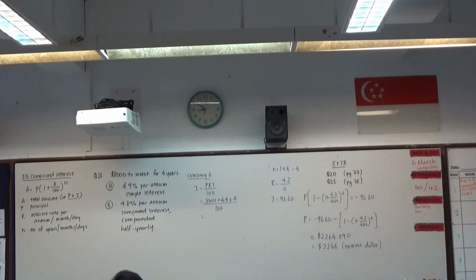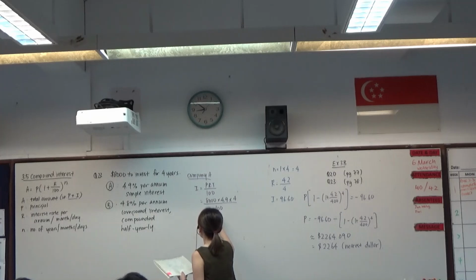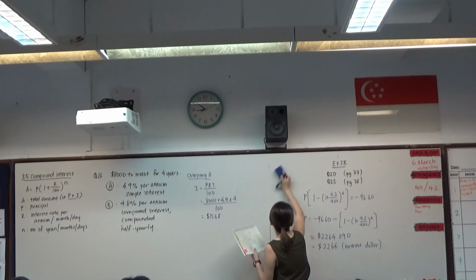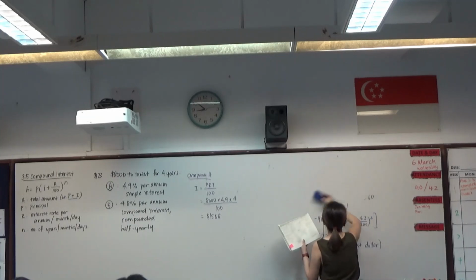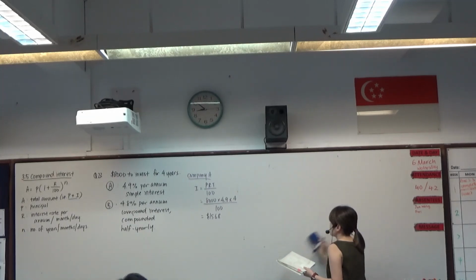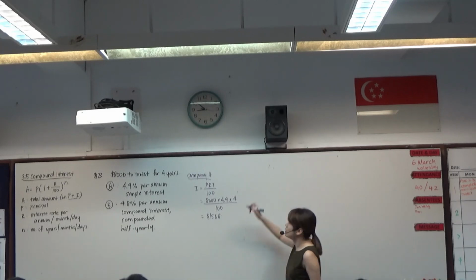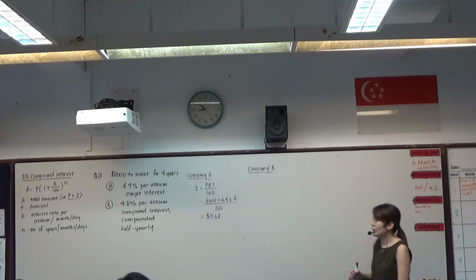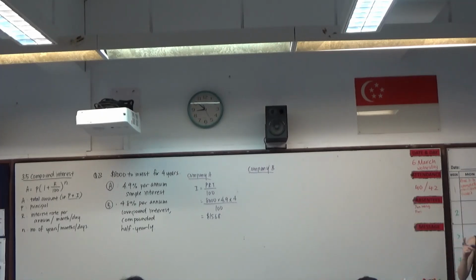And we would get 1560 in interest. Then we look at company B. It says 4.8% per annum.